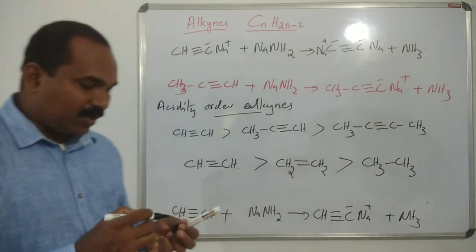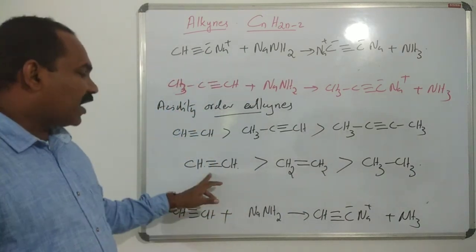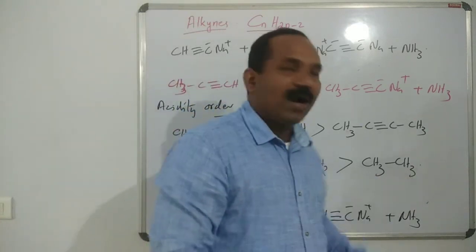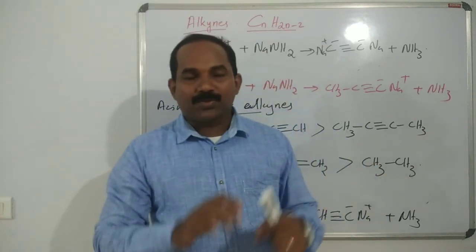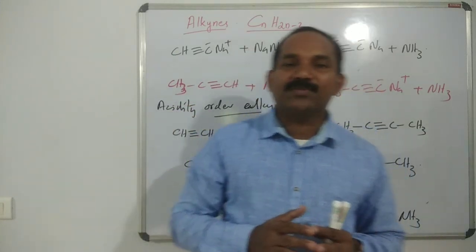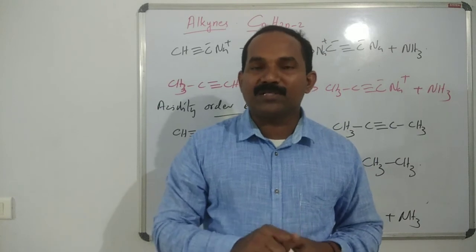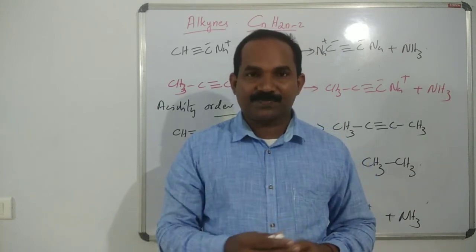So that's about the acidic nature. Alkynes are more acidic than alkenes, and alkenes are more acidic than alkanes. Okay, so these are the important concepts. You go through it. Then other chemical properties we will discuss in the next section. Thank you.